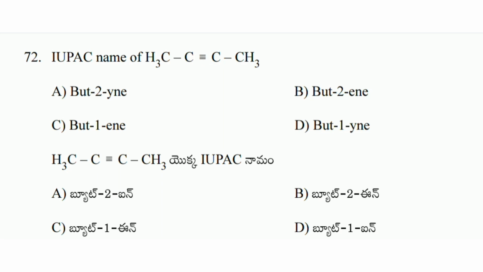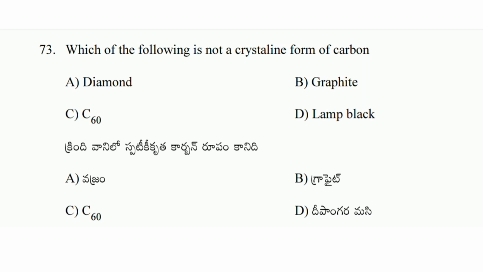Next bit is the IUPAC name, that means option A, but-2-yne is the correct answer. Why? Because there are 4 carbons, so the word 'but' is there, and a triple bond is there, and it is on the second carbon, so but-2-yne is the correct answer. Option A is correct. Next question, which of the following is not a crystalline form of carbon? Diamond, graphite, C60, that means Buckminster fullerene.